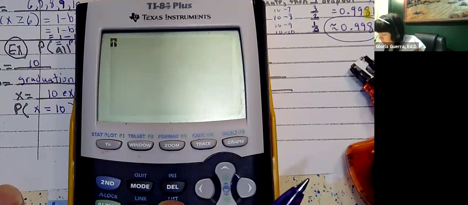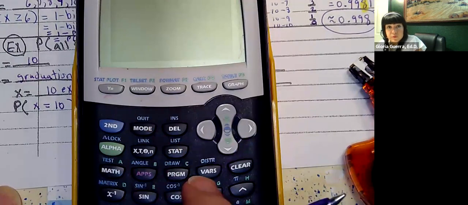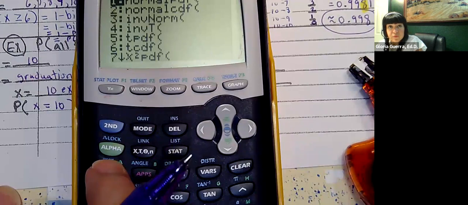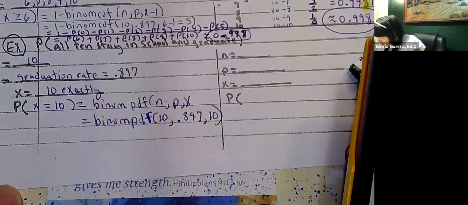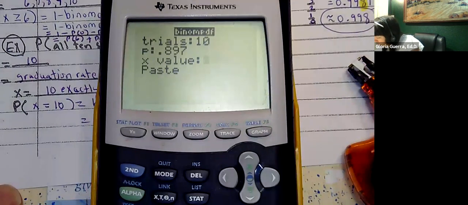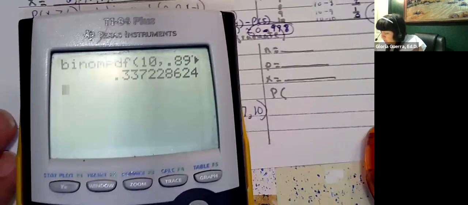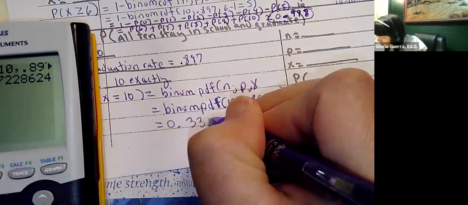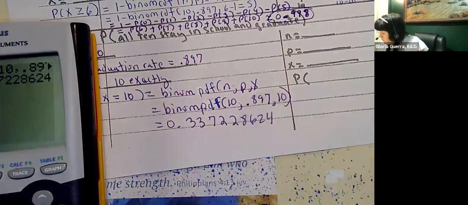Second vars, alpha, and then we want math because it's the PDF. Trials are 10. P is 0.897, and then 10. Okay, that's more like it. 0.3372286624.